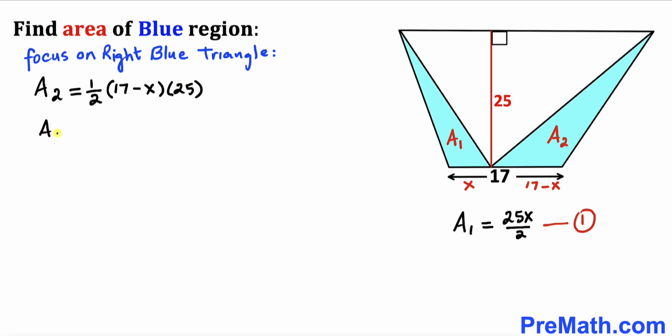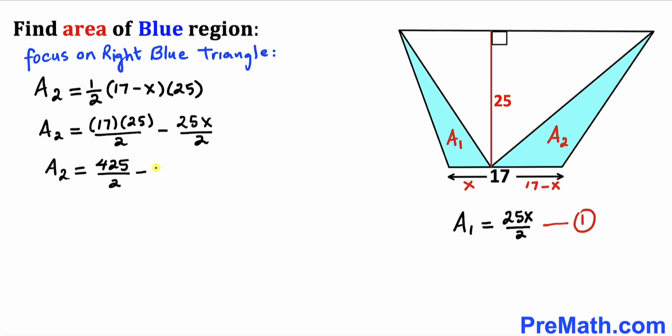Therefore our area A sub 2 is going to be 17 times 25 divided by 2 minus 25x divided by 2. Now let's multiply out the numerator part. So our A sub 2 is going to be 425 divided by 2 minus 25x divided by 2. Let me call this our equation number 2.